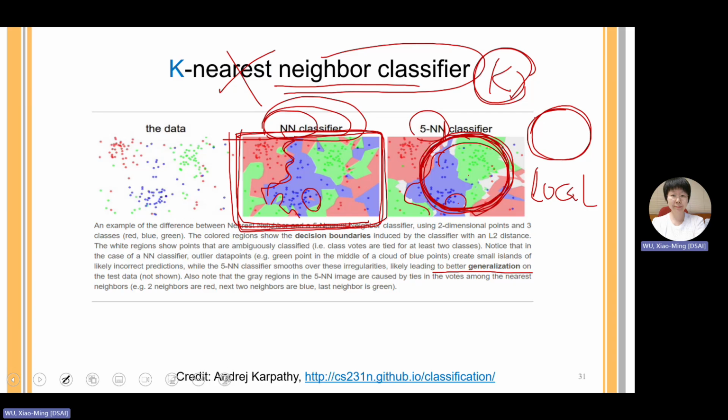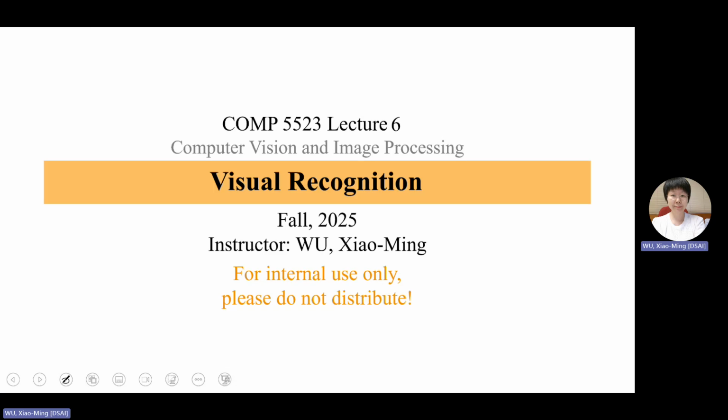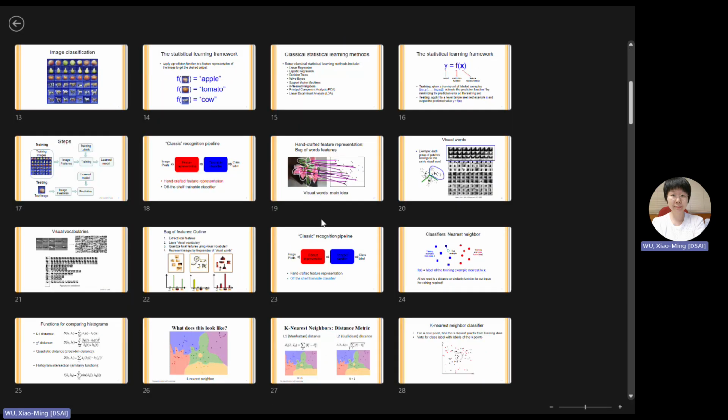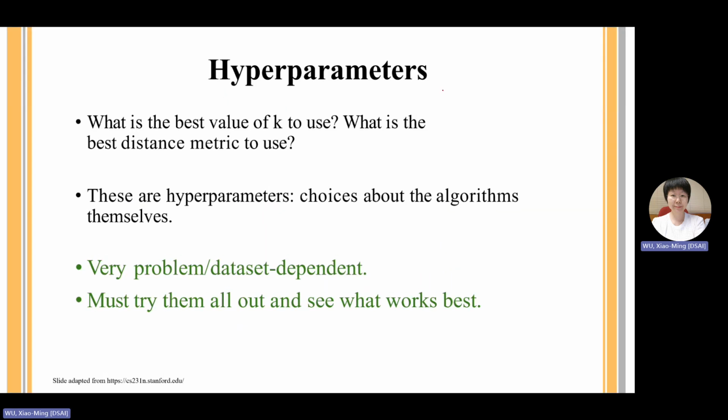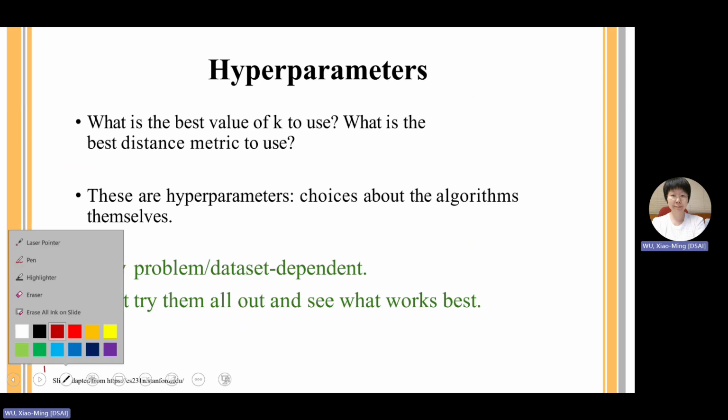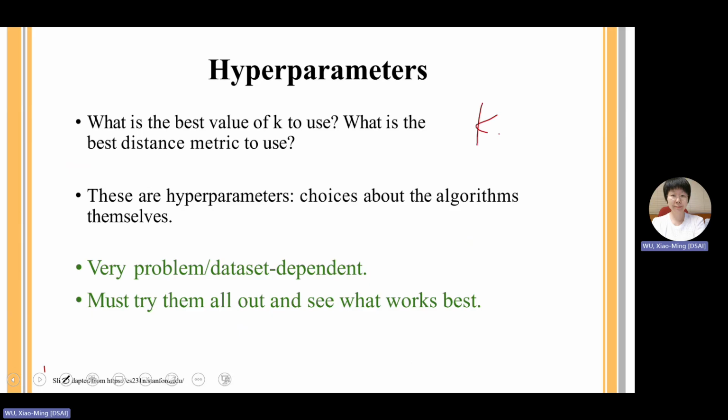So here comes the question: how should we select the appropriate k for your problem, for your application? For the k nearest neighbor algorithm, there are two hyperparameters.